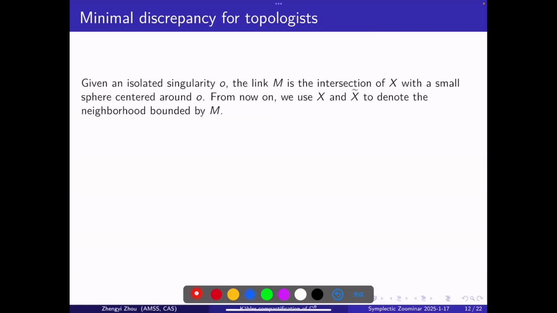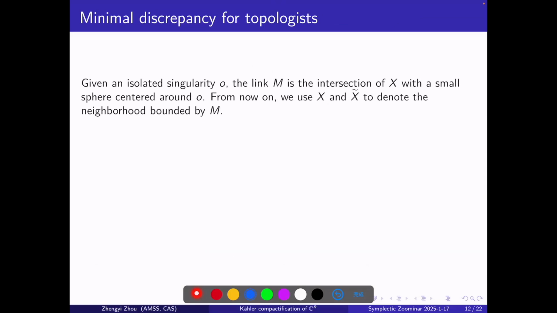Okay, and then I will give another definition, a sort of understanding of this discrepancy from a topology perspective, which is due to McLean. It's the following. So given an isolated singularity O, we can talk about the link of this singularity.